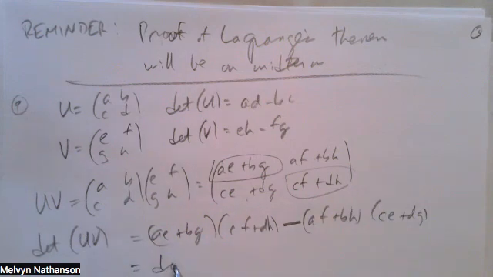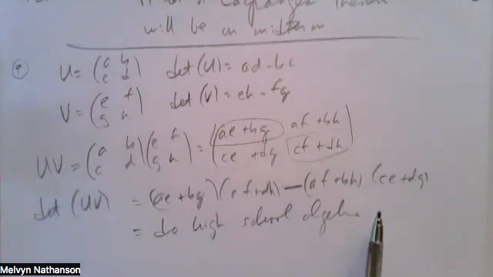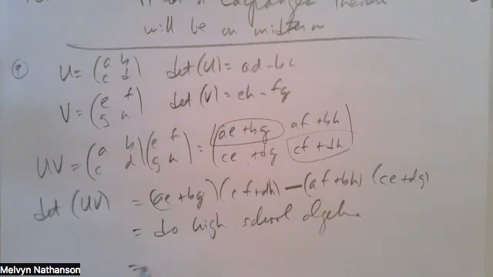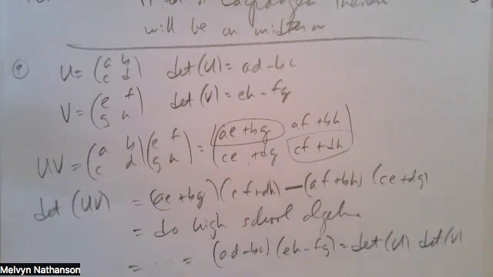So now you do high school algebra. You just multiply this together. There'll be some cancellation. And eventually you show this is the same as ad minus bc times eh minus fg, which is the determinant of U times the determinant of V. So that's all you have to do.